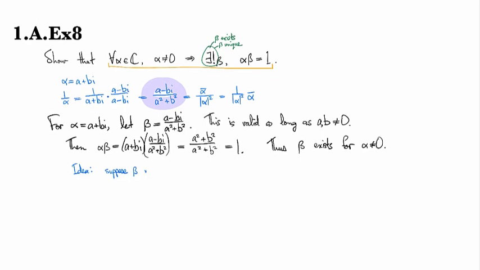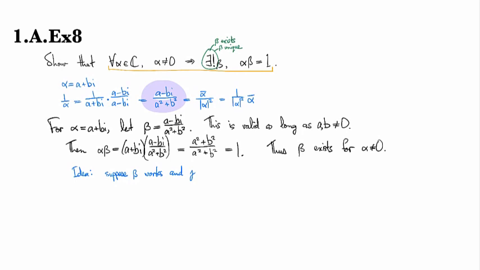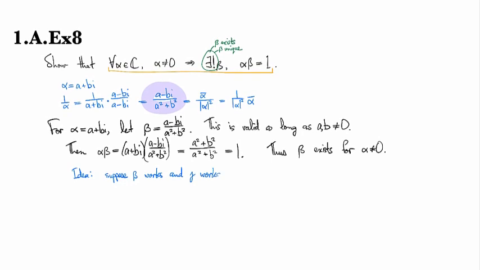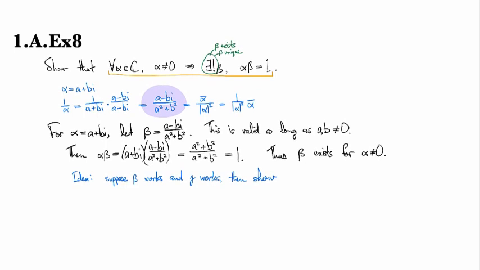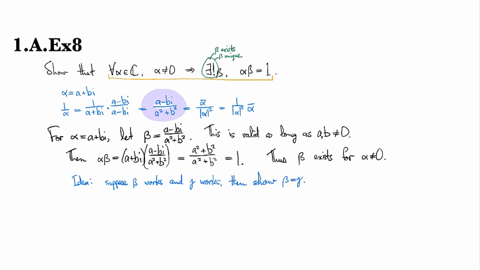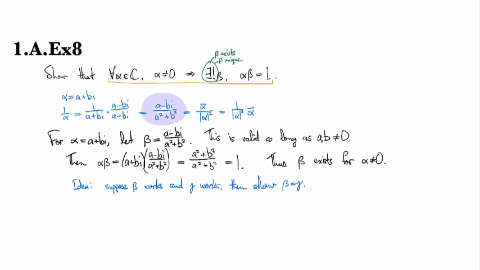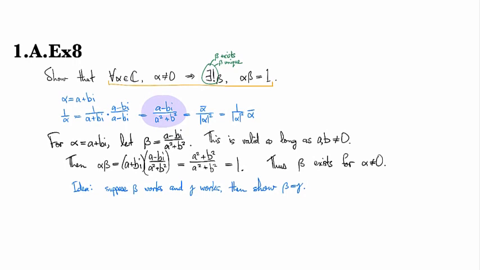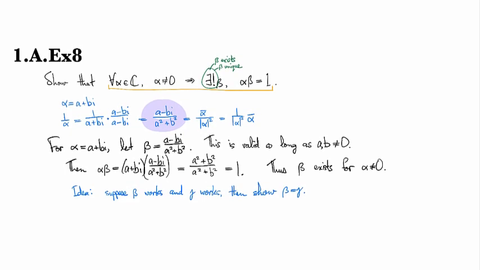So suppose beta works, and suppose that gamma works, and then we show that beta equals gamma. If whenever two things have the property, that means that they're actually the same thing, then there can only be one thing with that property. So that's a way to show uniqueness.